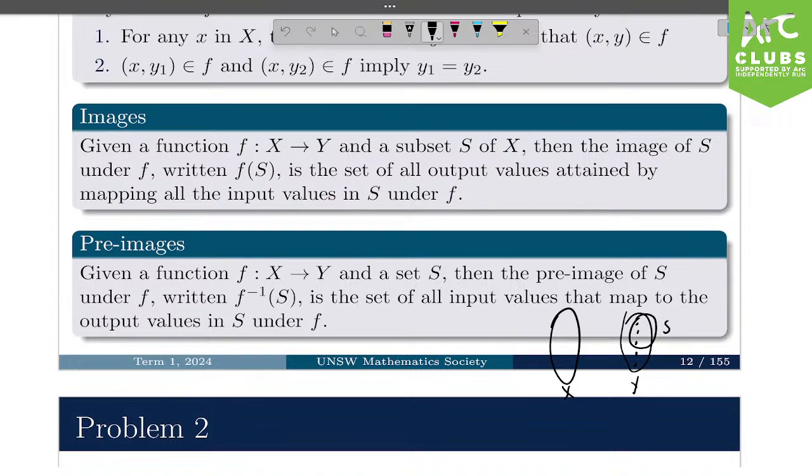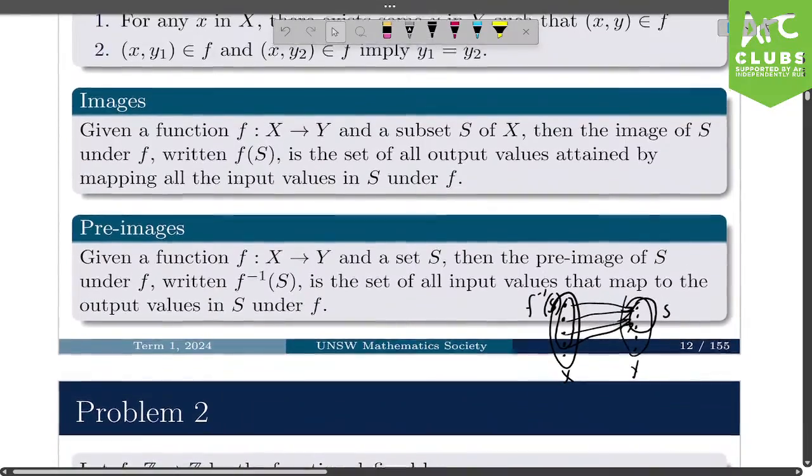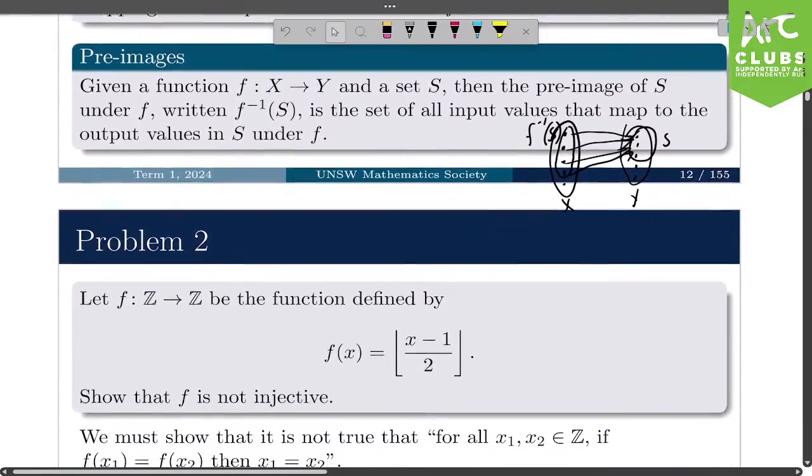That would be S. And then the preimage of S under F is all the elements, all possible elements that map to somewhere in S under F. So it could actually have more elements than S does if those elements map to the same one, for instance, right? Share an output. There we go. Bit of an unclear image, but I hope that makes it clear.